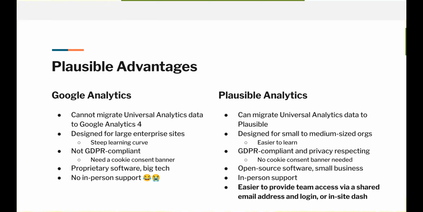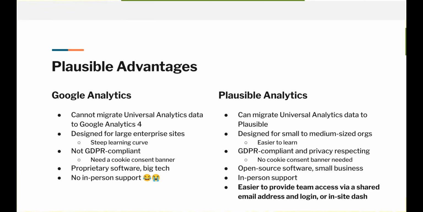Another thing is that the new Google Analytics platform is really designed for large enterprise sites that are doing a lot of e-commerce work. And we've found it to be a pretty steep learning curve. I mean, all of this is somewhat subjective. Some people are able to wrap their heads around it pretty quickly.